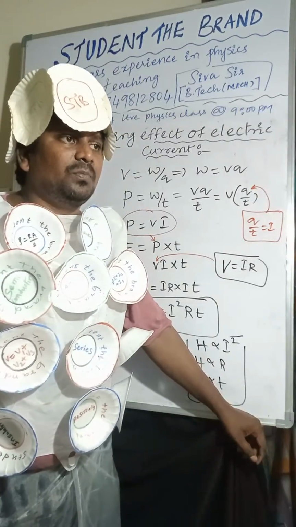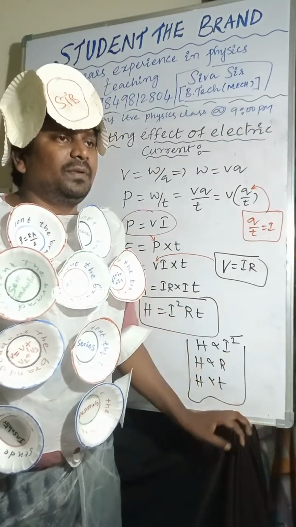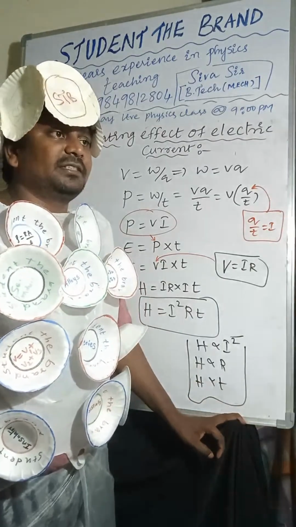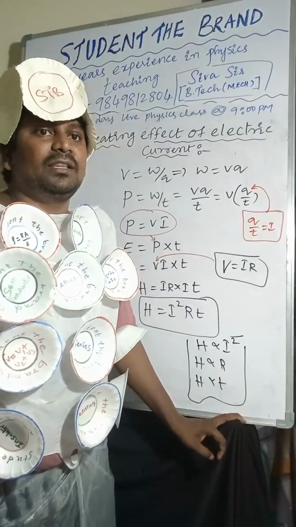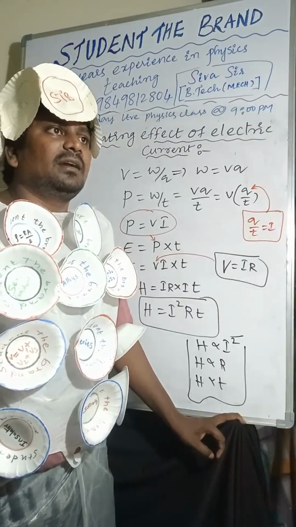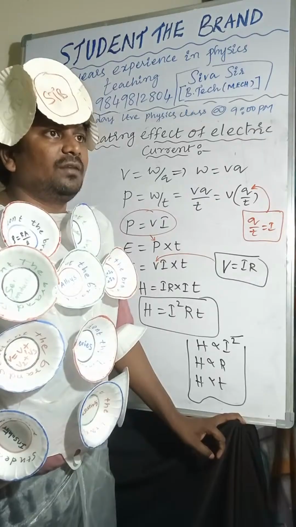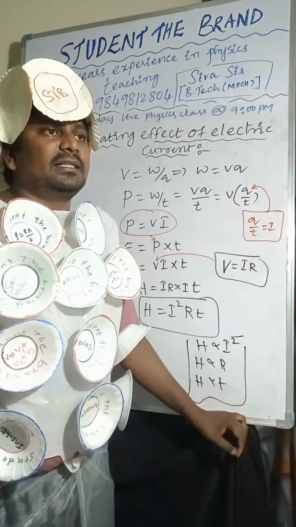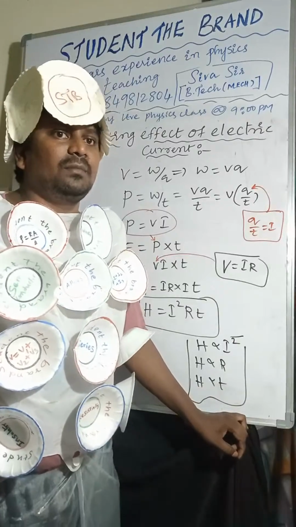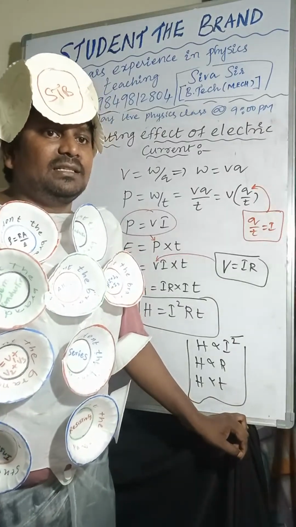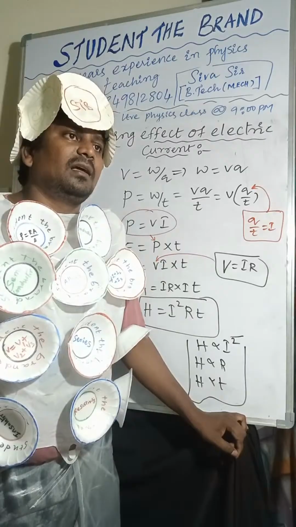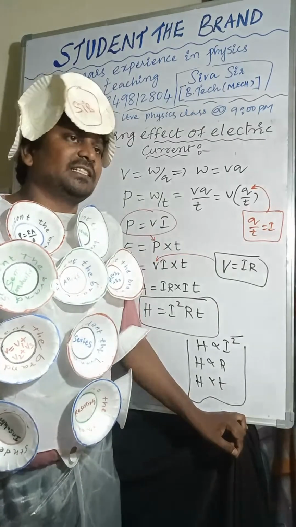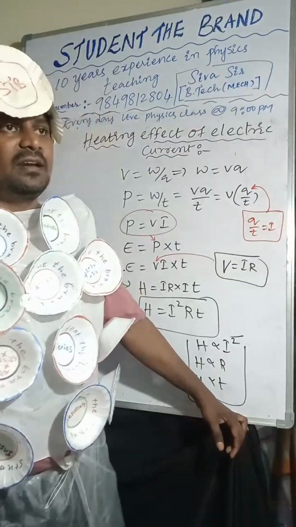And one more topic: potential difference and electrical potential. Related to that they will ask questions. And related to Joule's law of heating, that is the heating effect of electric current, and resistors in series and resistors in parallel.